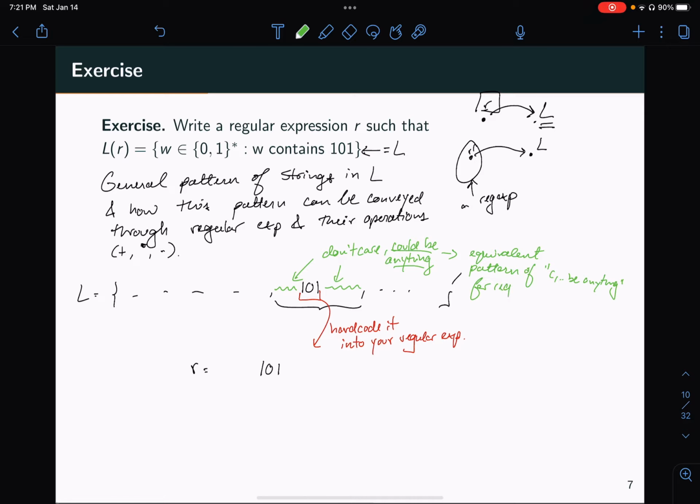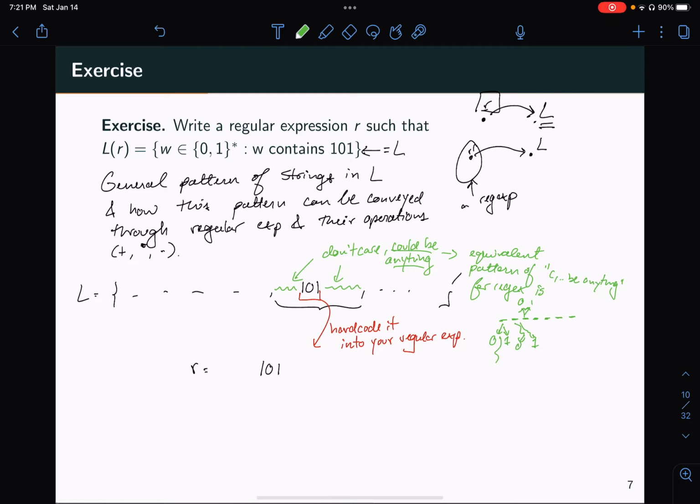The equivalent pattern for a regular expression is saying that at every position of the string, I don't care what it is. It can be either 0 or 1. So here it can be either 0 or 1, here it can be either 0 or 1, and here it can be either 0 or 1.